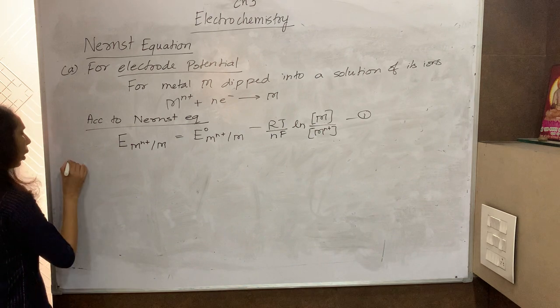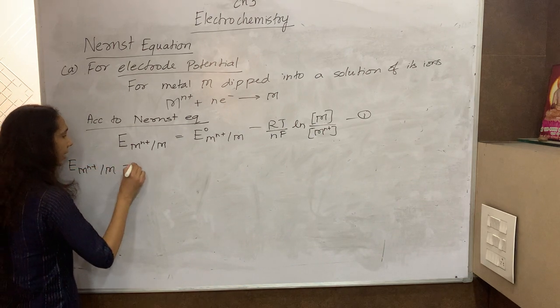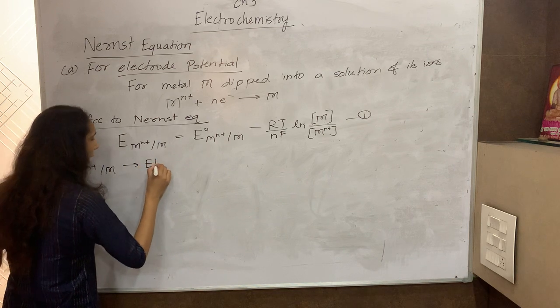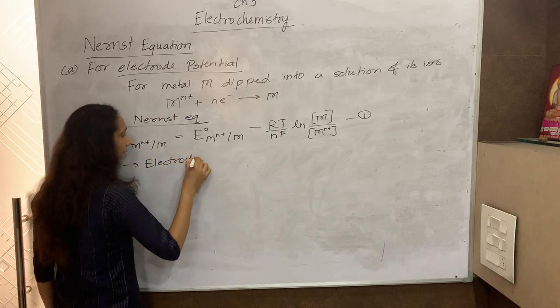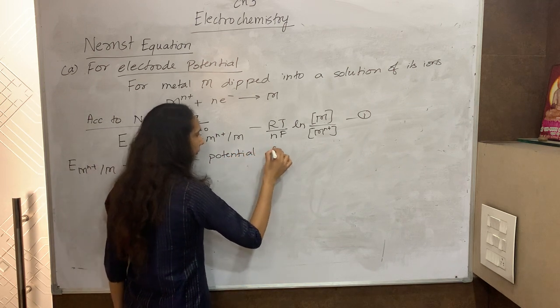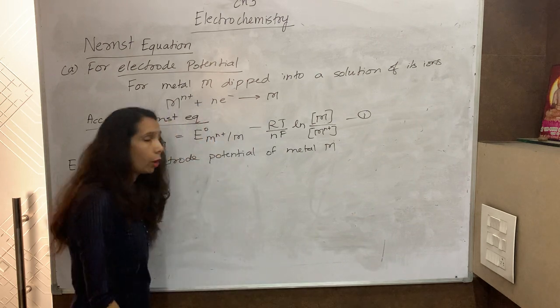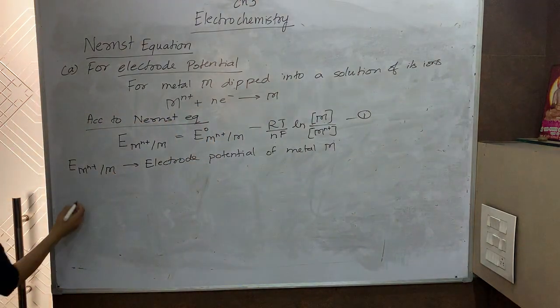Now let us just see what these terms are. E(M^n+/M) stands for the electrode potential of metal M at any concentration, whatever you are taking, or at any temperature.